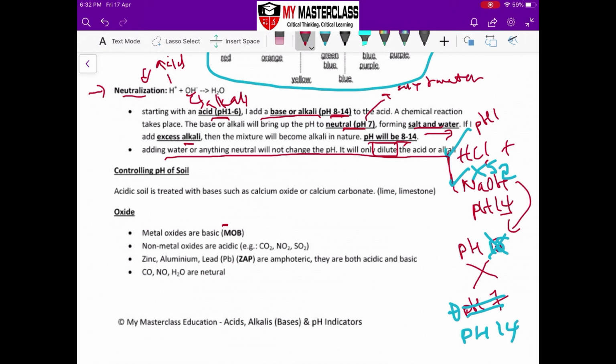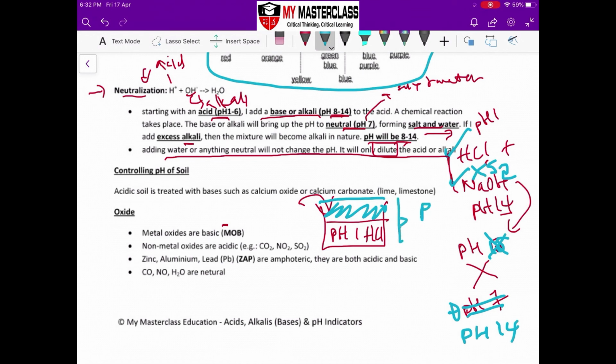So what this means is, now if you have a beaker of HCl pH 1, and I add a lot of water until here, this part is all water I add in. The whole beaker now, what's the pH?